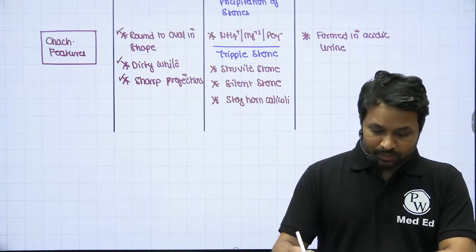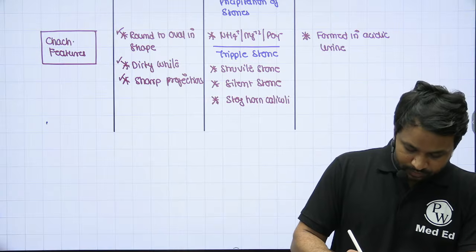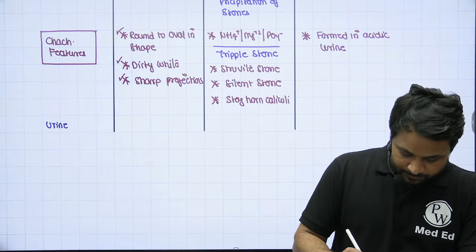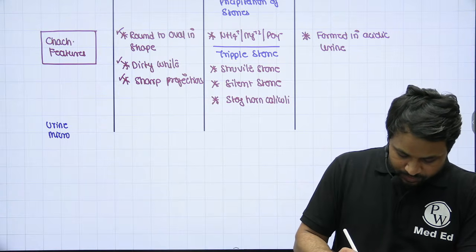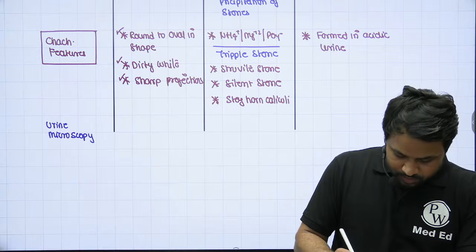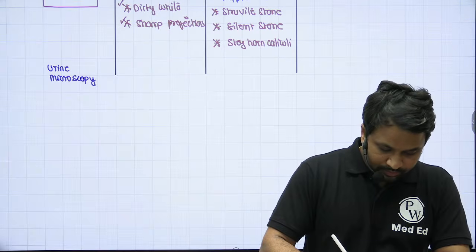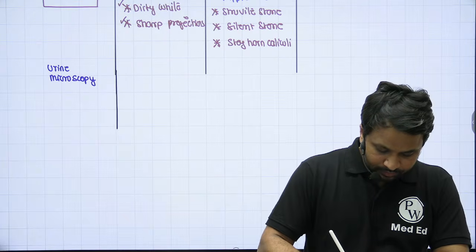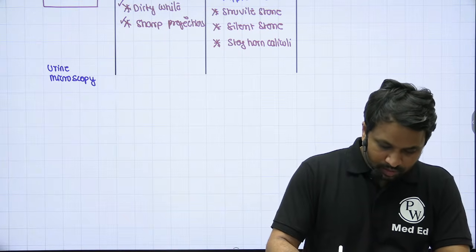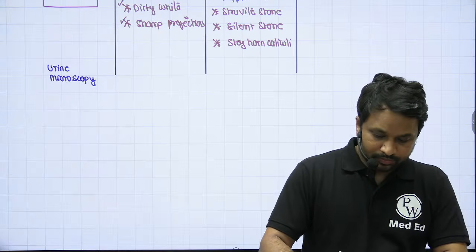So when you do a urine microscopy, what type of crystals am I going to see?